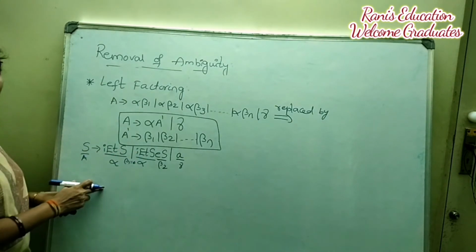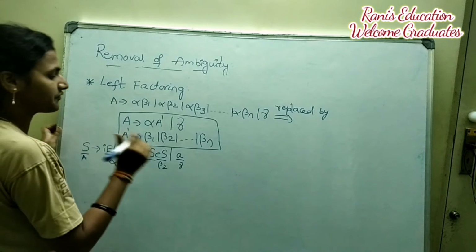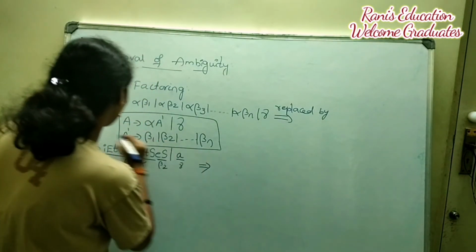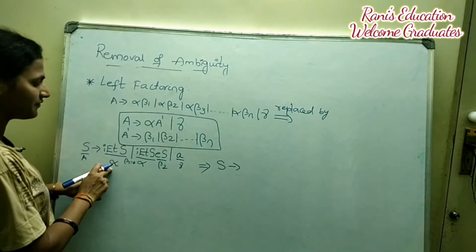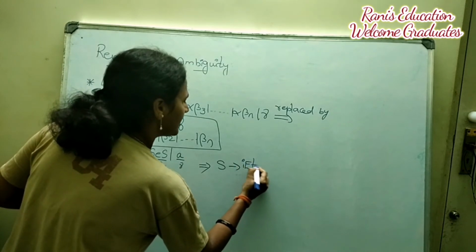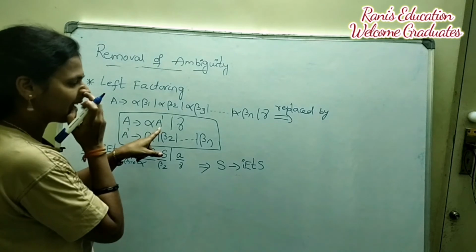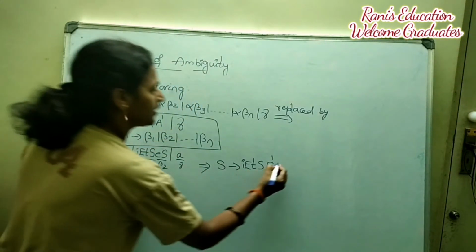Now how are we going to remove this ambiguity by using left factoring? What is A here? S derives alpha. What is alpha here? iEtS. So alpha A dash, and A dash is nothing but S dash only, or gamma.